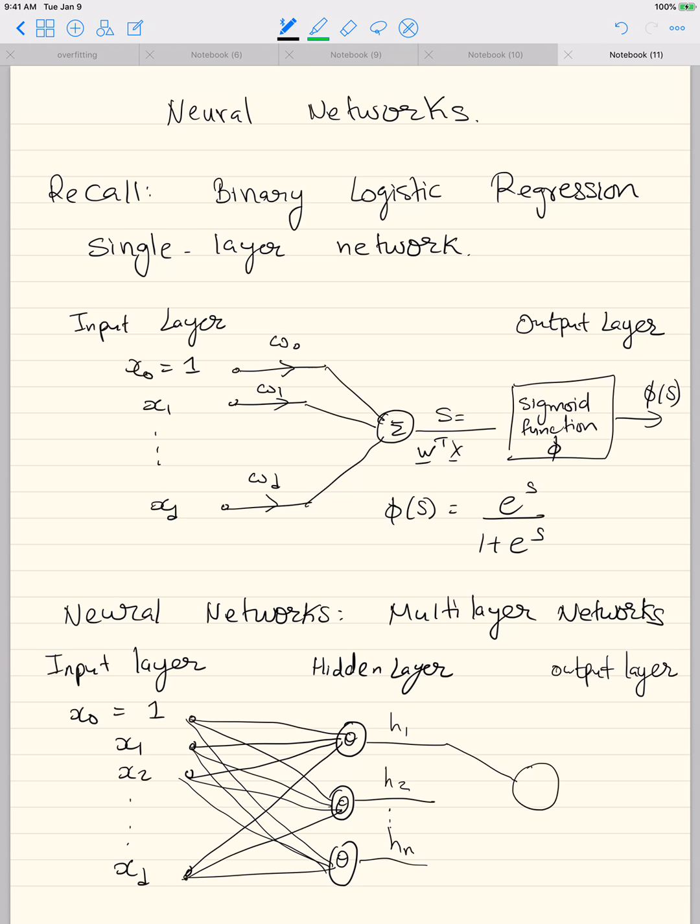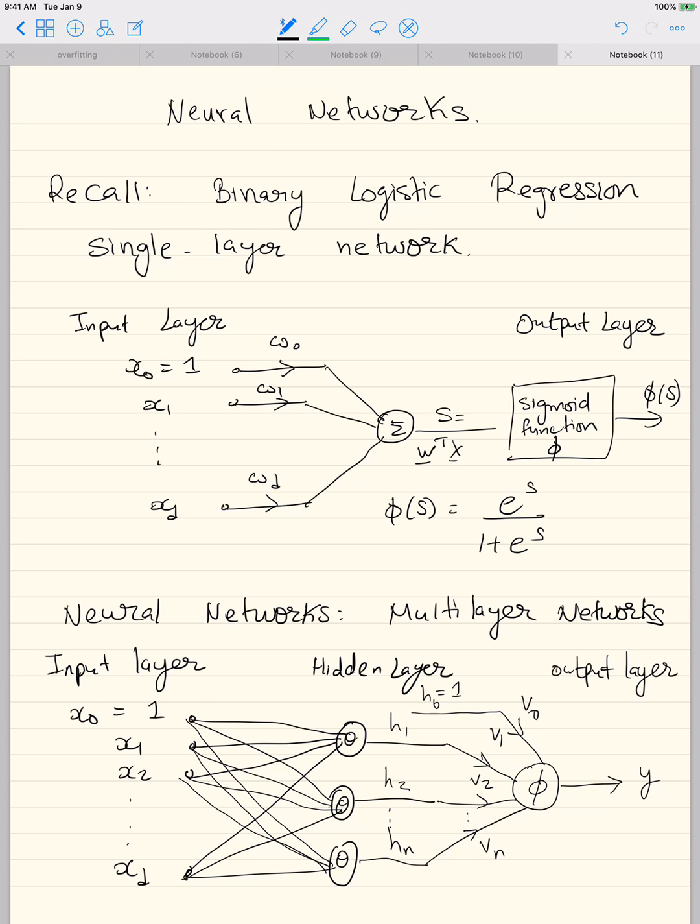So H1 is the output of hidden node 1, H2 is the output of hidden node 2, and so on. You'll have weights V1, V2, and up to Vn. There is also a bias node in the hidden layer that has no inputs but produces an output of 1. You multiply it by V0, you pass it through some other function, and you get the output Y.